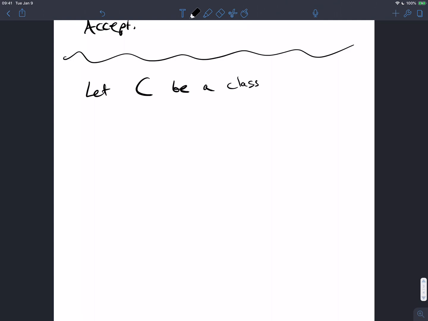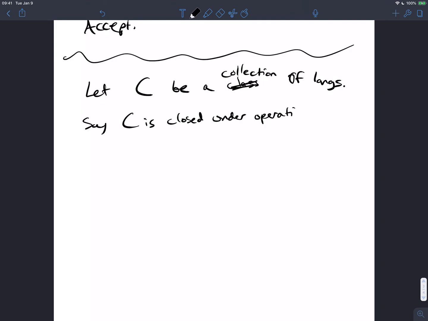So let C be a collection of languages, and we say C is closed under an operation, this symbol is called O+, but we're going to give specific operations.